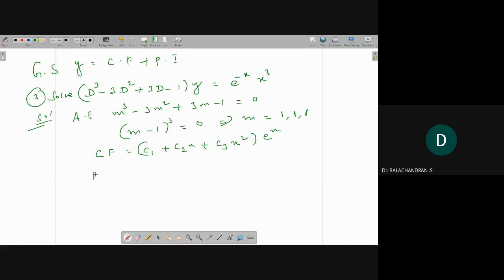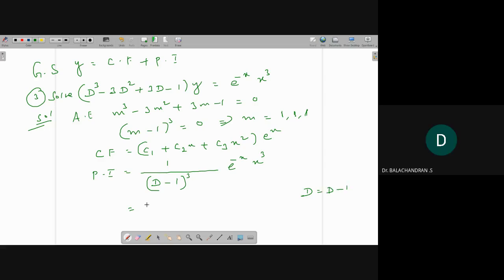Okay, and then I will proceed. If I ask any question, you tell. PI equal to 1 by, I'll write this as (D minus 1) whole cube into e power minus x into x cube. So what we will do here, what is the rule? D equal to, Jagdish? D equal to D minus 1.